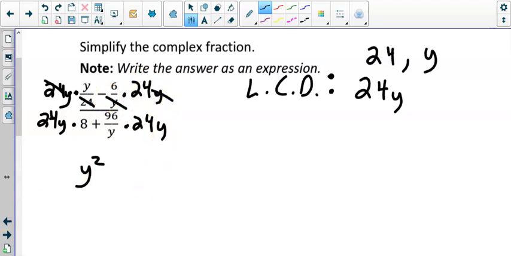So I'm left with minus, what's 6 times 24? 144. Okay? So there's my new numerator. See, no more fractions. What's going to happen between the 24y and the 8? Nothing's going to cancel, because there's no denominator there. We just multiply. So what's 24y times 8?